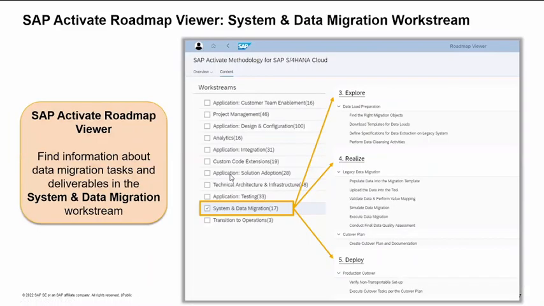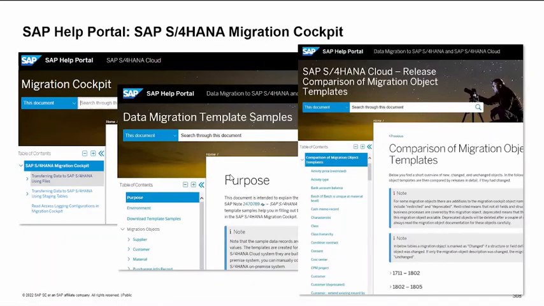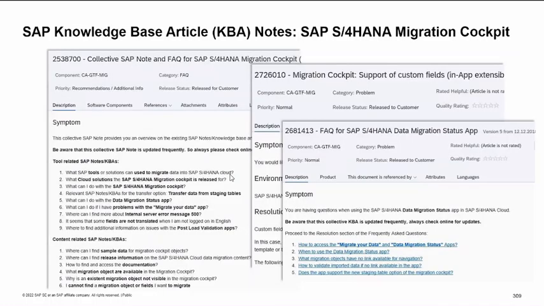We have, of course, specific migration topics in the roadmap viewer. Okay, so the roadmap viewer is also interesting, and we have in the help portal a lot of information concerning migration. I have put some notes here. Maybe you can refer to them. Informative notes, so also for your own study.